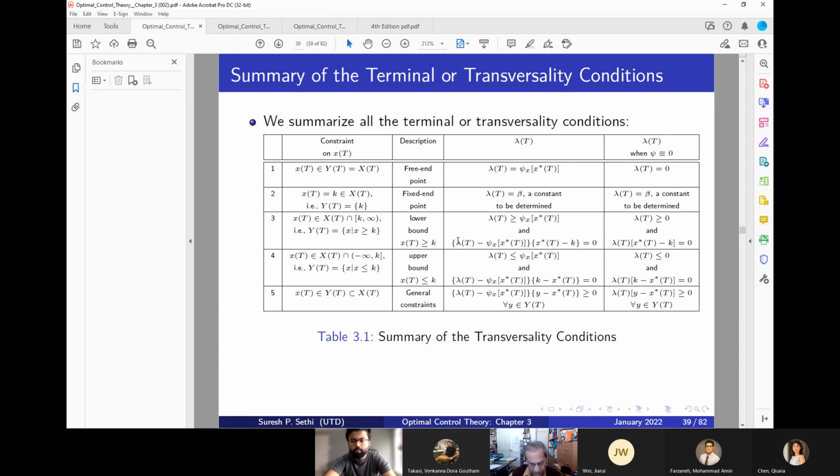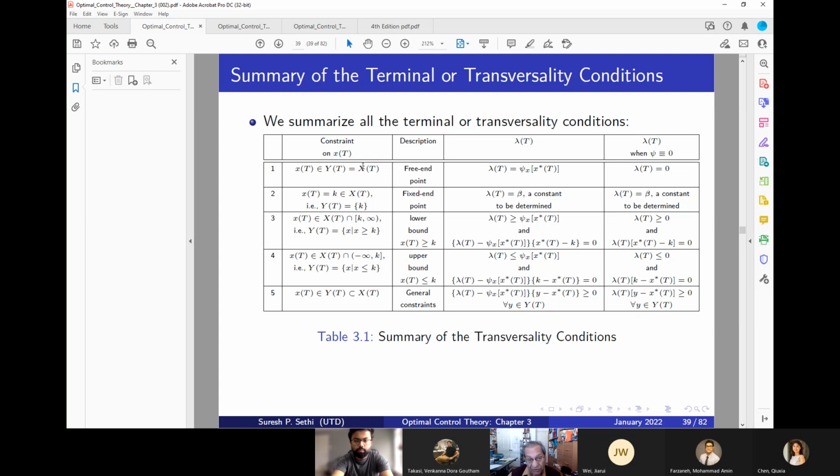Okay. And similarly for less than or equal to k, it's just the other way around. And that one is a more general condition. That means x(T) is in a subset of X, so x(T) should lie in a subset. The subset could be that, could be that, could be that. So it is a general condition.